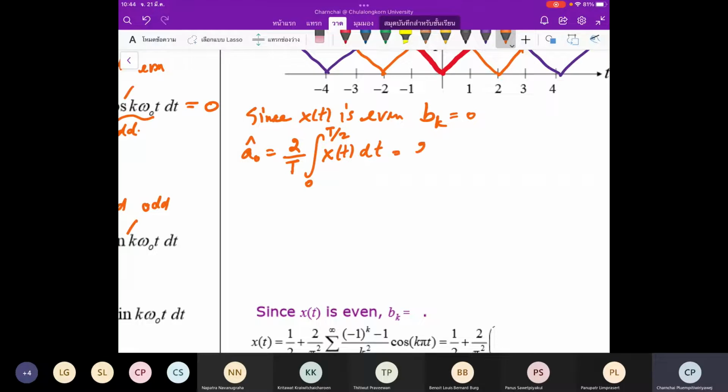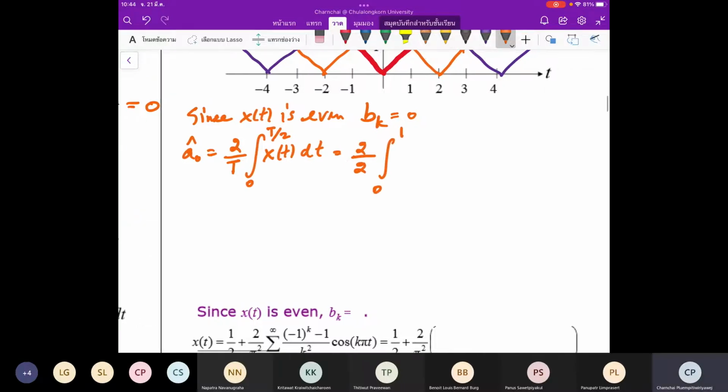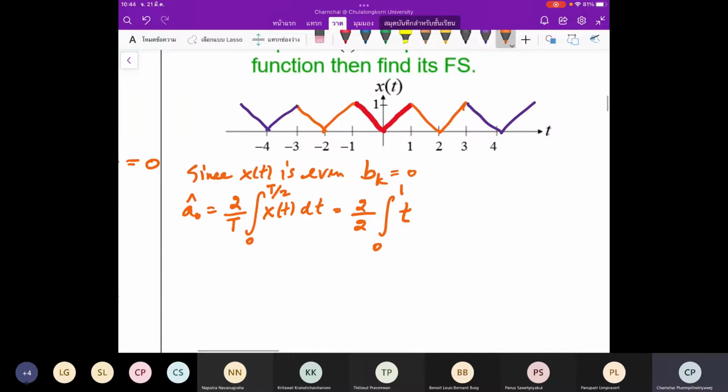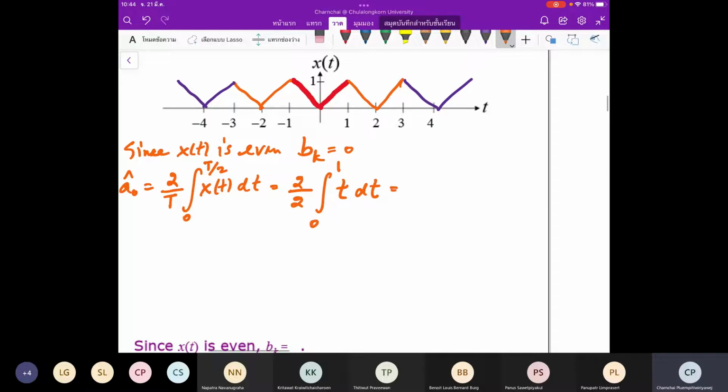So in this case, we have 2 divided by the period T, which is 2, times the integral from 0 to 1, where x(t) is t, dt. The 2 divided by 2 cancels to 1, so we just have t squared over 2, t from 0 to 1. So we got 1/2.